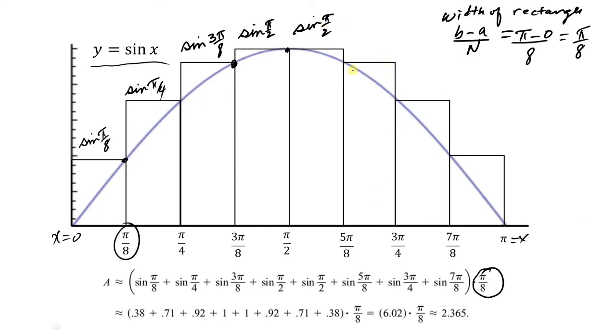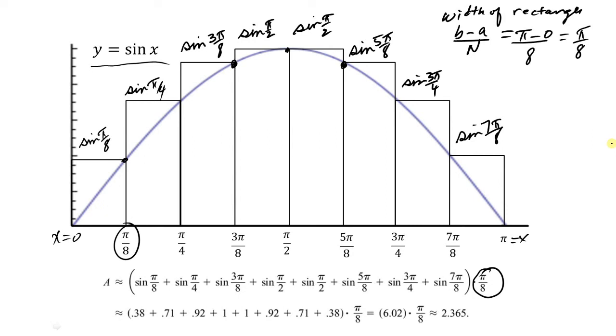And then as we go down, the height of the sixth rectangle is going to be sine of 5 pi over 8. The next one will be sine of 3 pi over 4. The next one will be sine of 7 pi over 8.